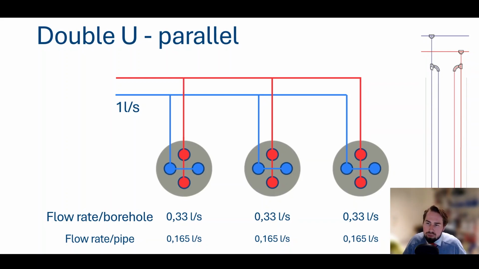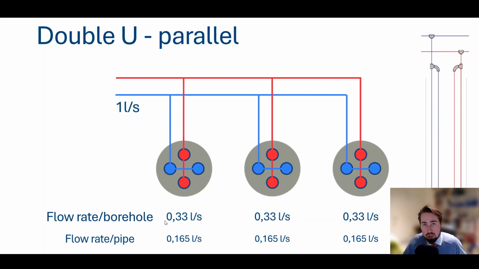So the flow arrives at the borehole and it's split across the 2 U-tubes and it's combined at the end. And if we then take a look at the figure in the middle, we still see our 1 liter per second coming from our system, from our heat pump, and it's again divided equally amongst those 3 boreholes.